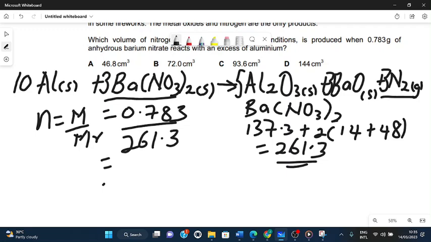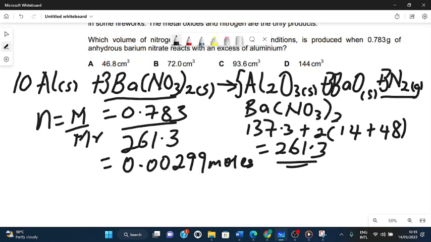So it will now be equal to 0.00299 moles of barium nitrate.